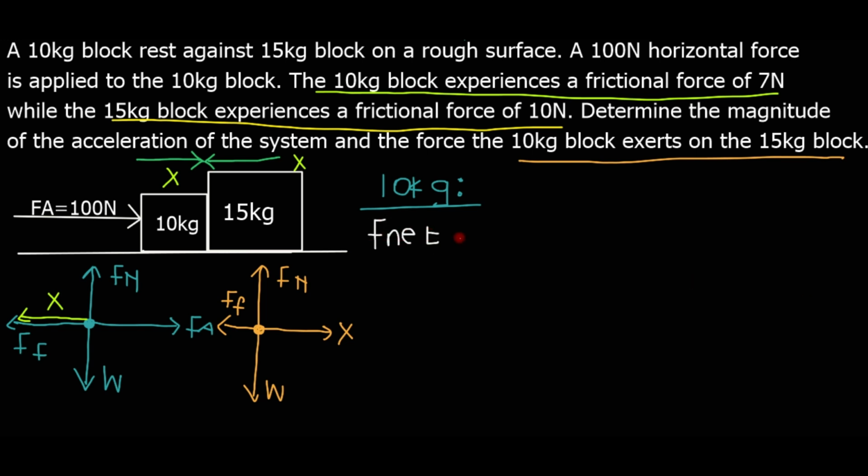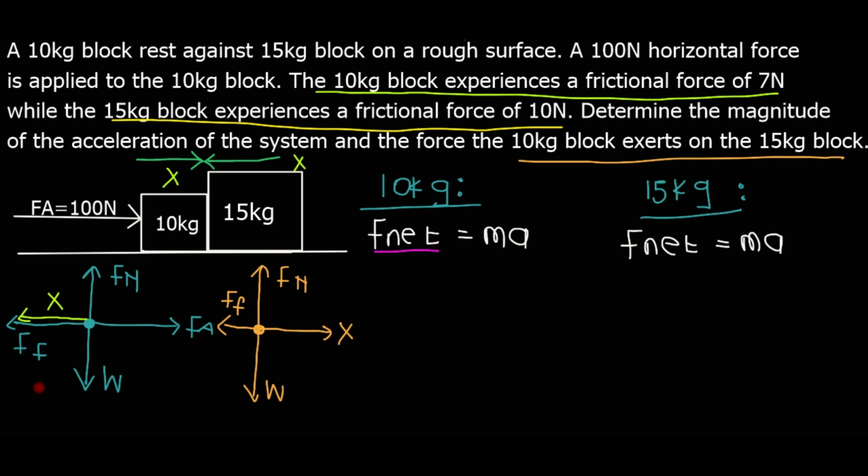F net equals ma, and the same thing for this 15 kg block. So now let's substitute.